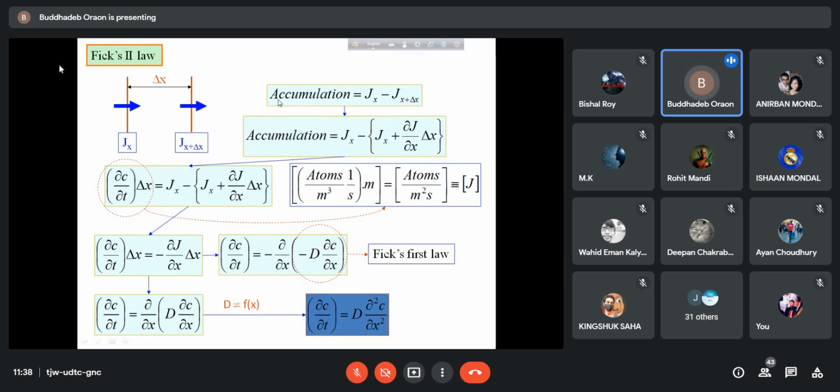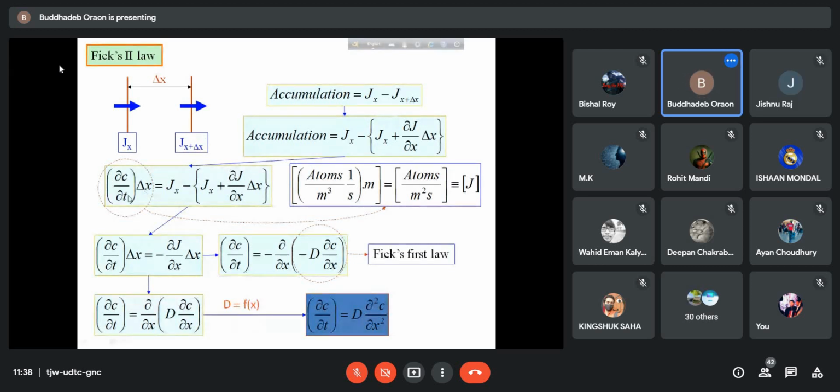So the accumulation of the material within this distance, if we consider a unit area, then the volume will be delta x into unit area, so the volume is delta x. So accumulation becomes Jx minus J at x plus delta x.